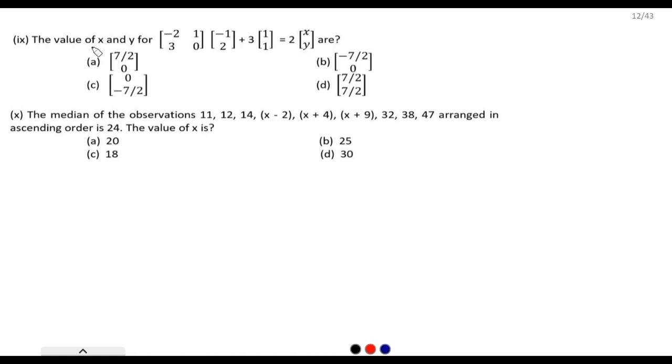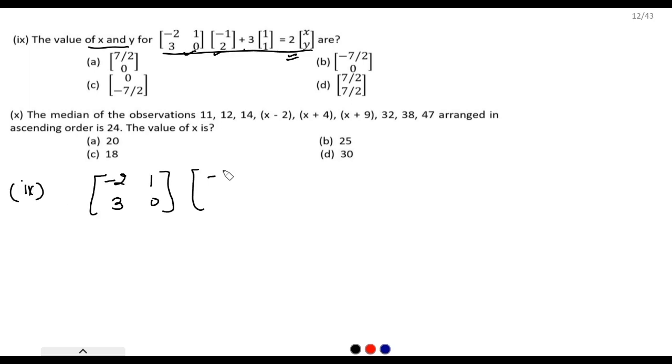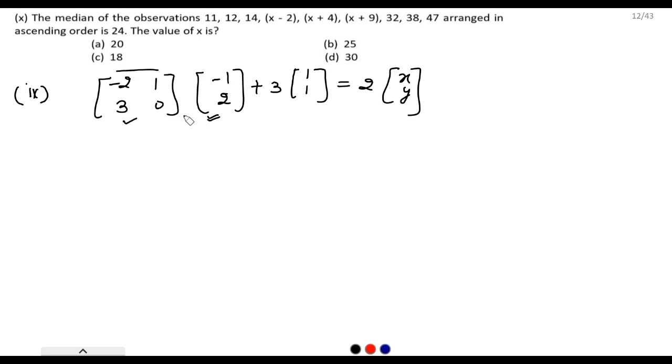Next, the value of xy for which the product of these two matrices plus 3 multiplied by this matrix will be equal to this. We have to find xy by solving this matrix equation. First multiply these two matrices, plus multiply the scalar 3 by this matrix. All the elements will be multiplied. This will become 3, 3.